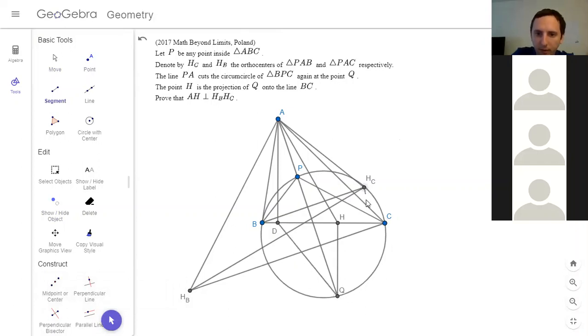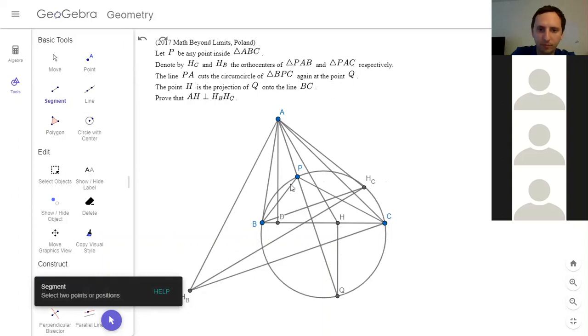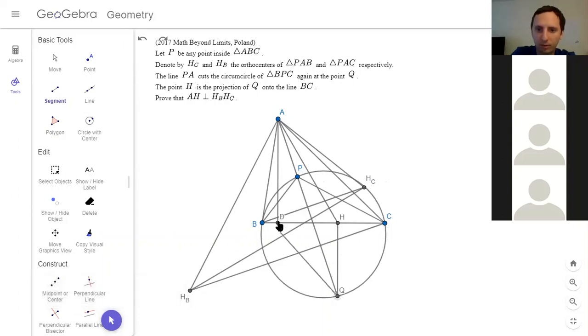Is HBC parallel to BHC? I'm sorry, say that one more time. HBC and BHC, they are parallel, right? Because P is the orthocenter. Yeah, BHC and CHB are parallel. So I claim that BHC CHB is similar to AHQD, but I'm not sure.